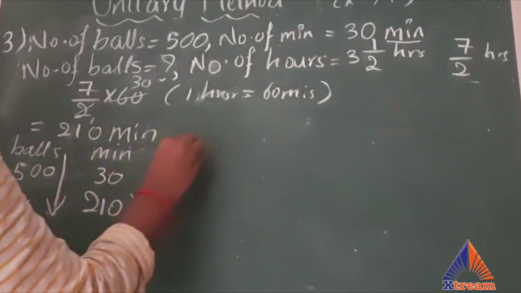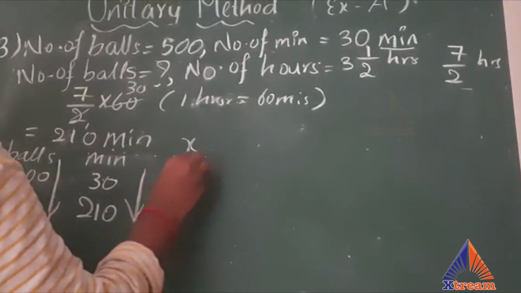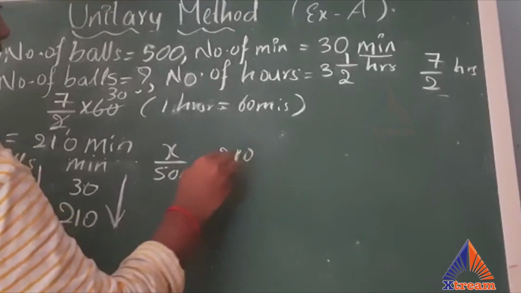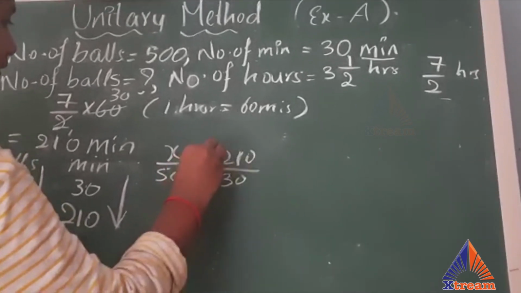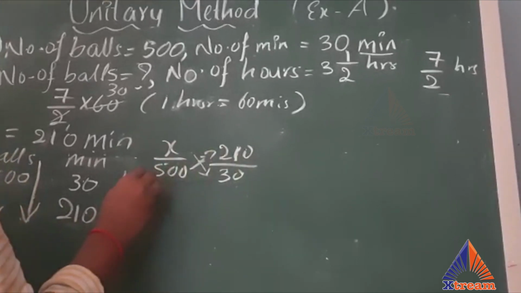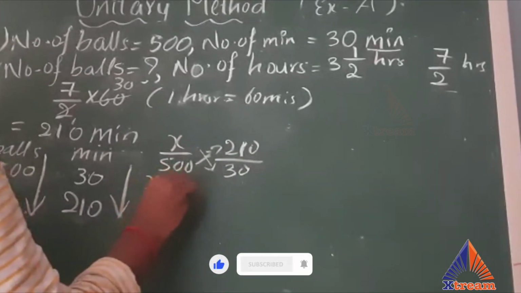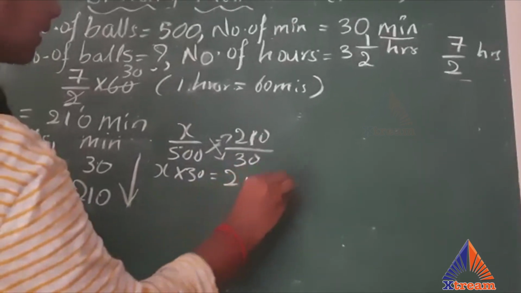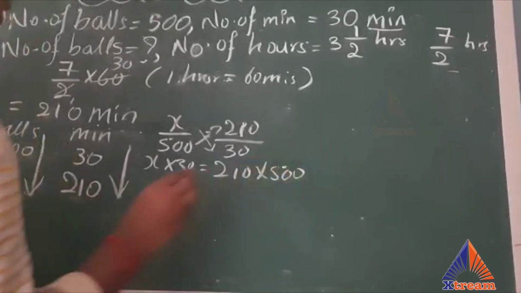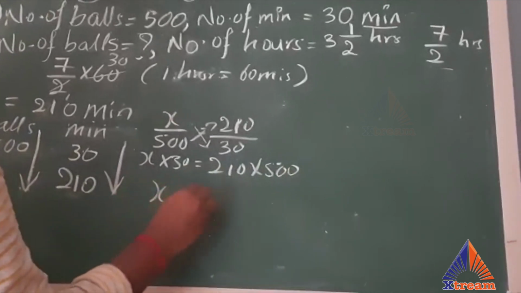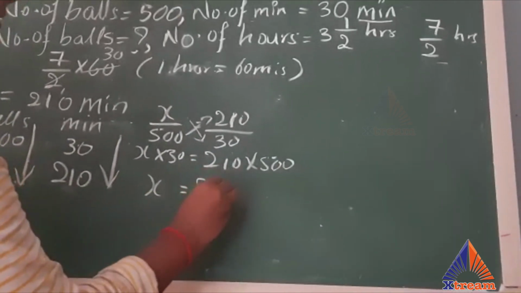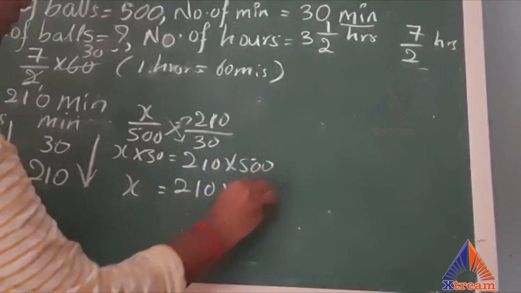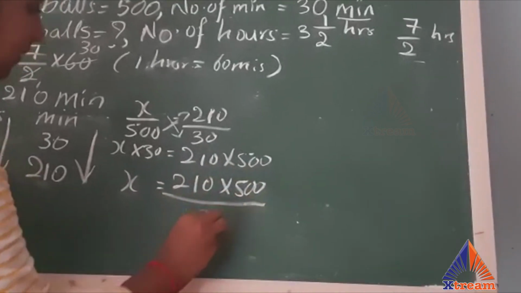So here that is x by 500 is equal to 210 by 30. Now do the cross multiplication, that is x into 30 is equal to 210 into 500. So keep x as it is and transfer this 30 into the right hand side. So it will become divided by 30.